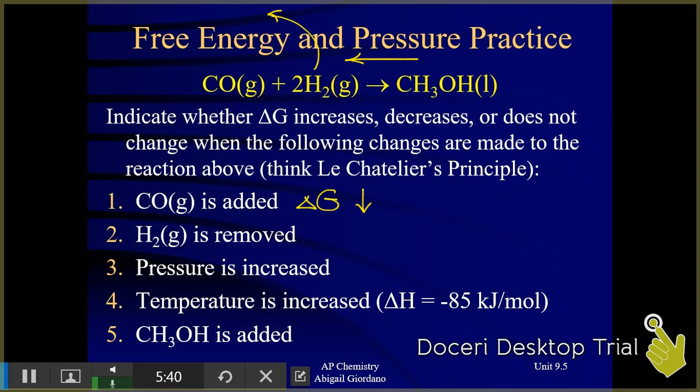The forward reaction is not getting more favored, it's getting worse. So what kind of a delta G shows a reaction that is getting less favored in the forward direction? A delta G that is increasing. Remember, keep thinking, a negative delta G means favored, a positive delta G means not favored in the forward direction.